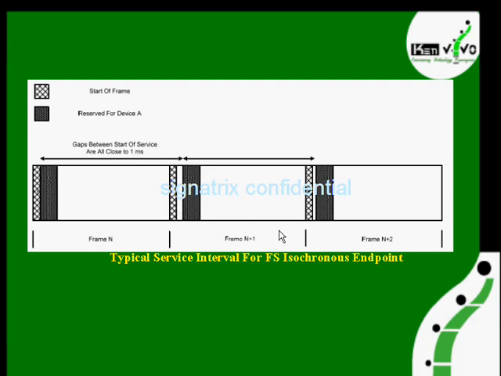This is a typical service interval: in every frame we are getting the service period, almost 1 millisecond.